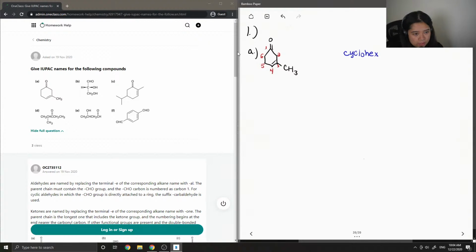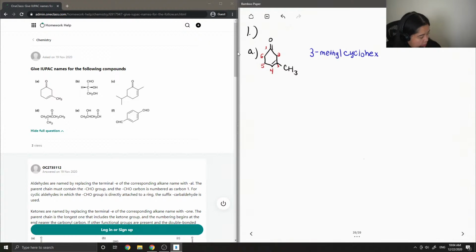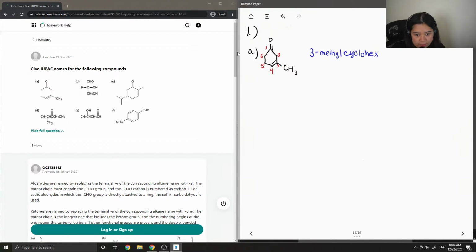And first, I'll note the methyl group on carbon 3. So the prefix, I'll just write 3-methyl. Methylcyclohex, and then from here I'll show where my double bond is.